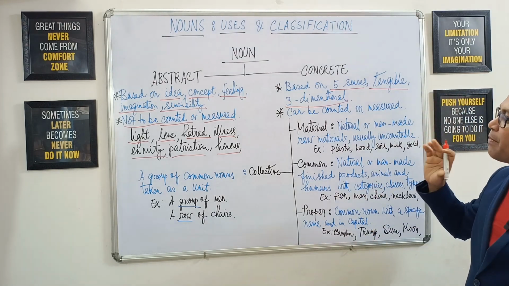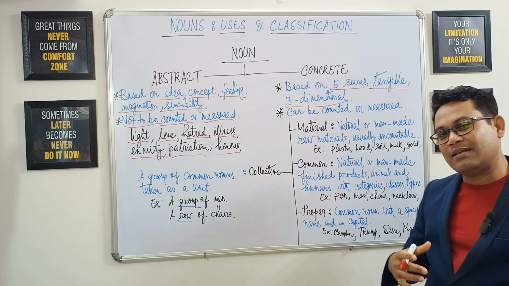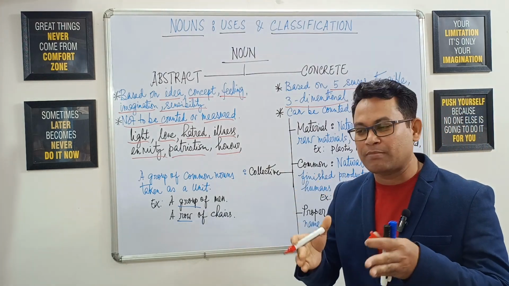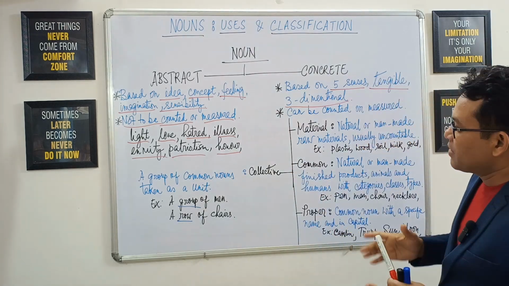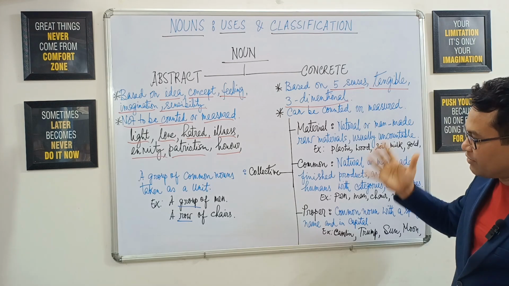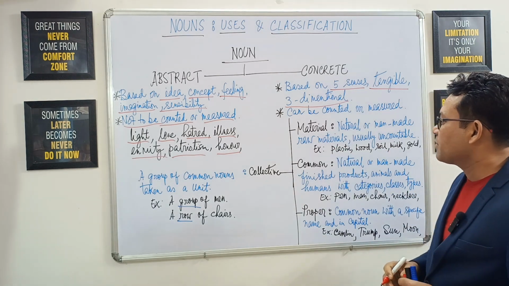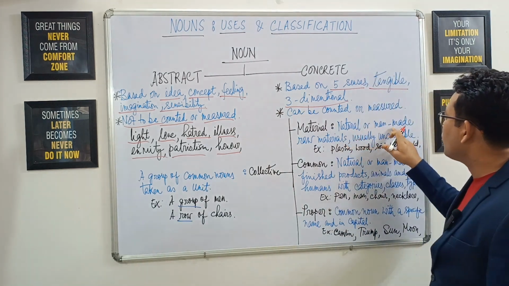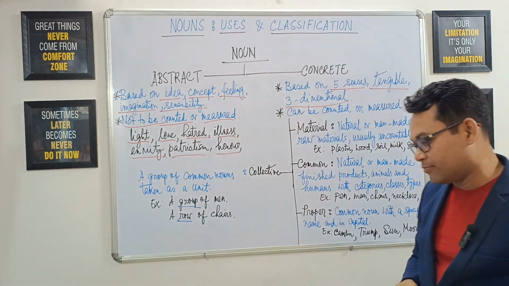But if we talk about the material nouns or the concrete nouns, we will see that they are much more specific, much more exact, and much more dimensional. So now let's classify the concrete nouns into different subcategories. First one is material. How to define a material noun? Natural or man-made raw materials, usually uncountable.